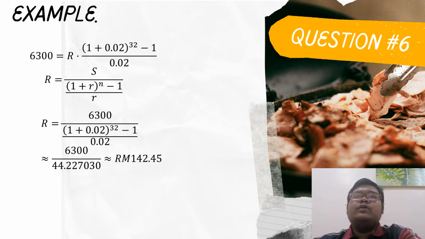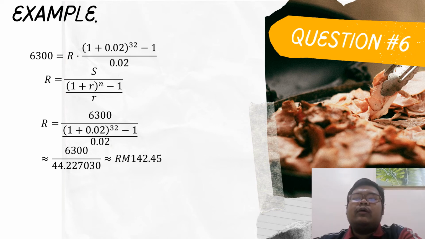So from the formula, 6,300 equals R times (1 plus 0.02) to the power of 32 minus 1 over 0.02. We want to find R, which is the payment per period. So we put R to the left side, and it becomes R equals S over [(1 plus R) to the power of n minus 1 over R].